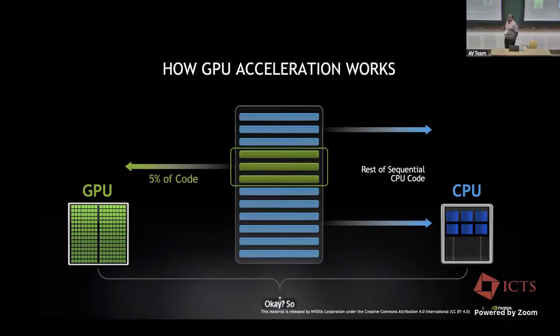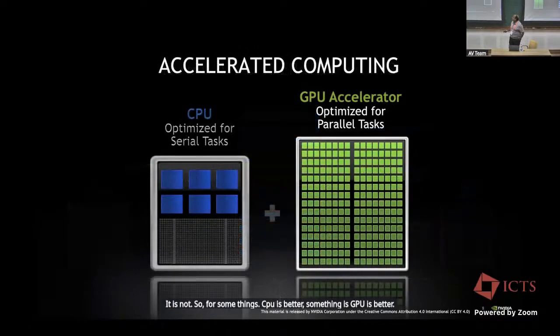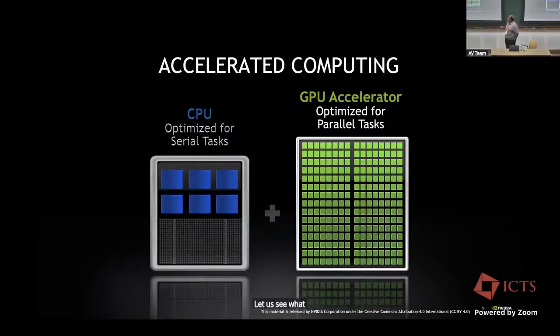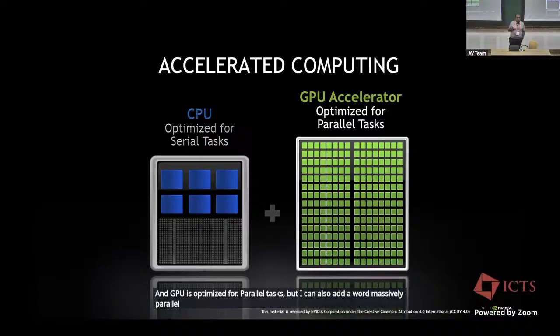So does everything work well on both CPU and GPU? It does not. For some things, the CPU is better, for some things the GPU is better. Let us see what. CPUs are optimized for serial tasks and GPUs are optimized for parallel tasks, but I can also add a word: massively parallel tasks.